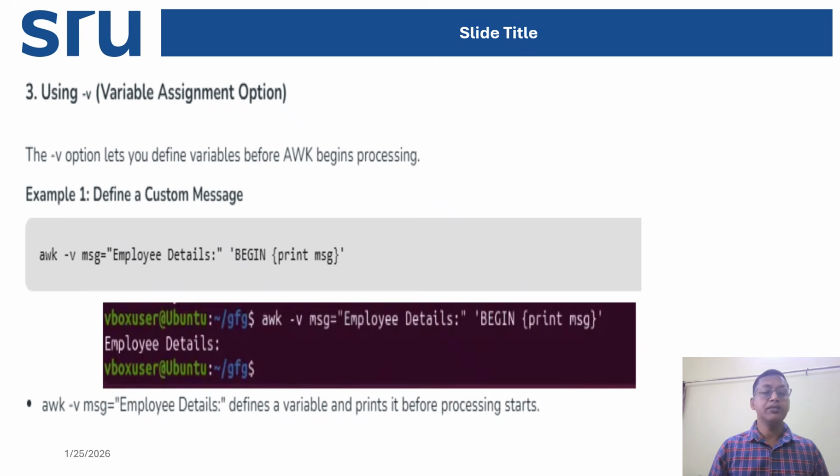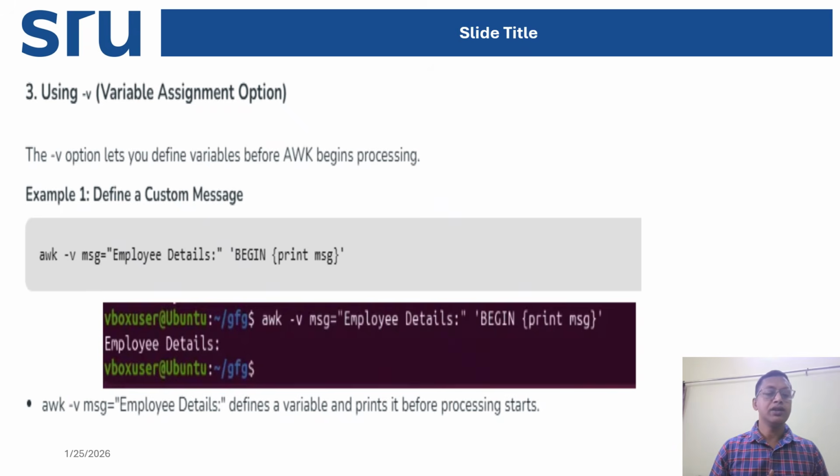And the variable assignment option. So here you can define some set of variables with the help of the -v option. So here you can check it, awk -v. Here the variable name is msg, and the value of the variable is employee details.